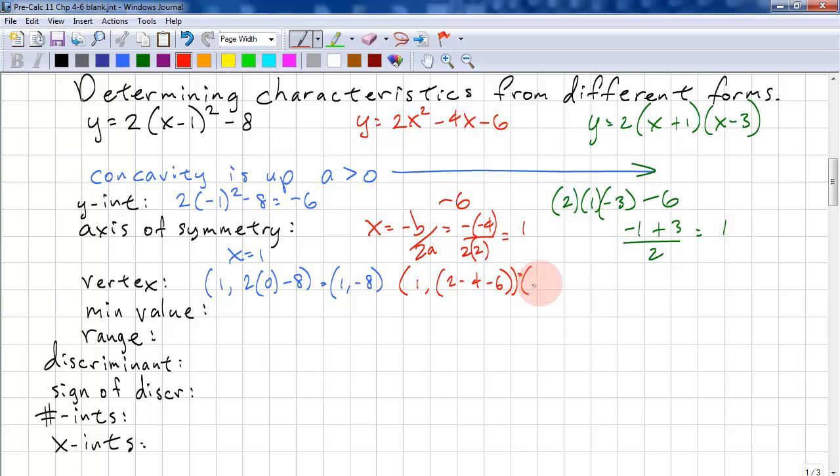So again, that's (1, -8). We plug in 1, we get 2 times negative 2. That's (1, -8). The minimum value, since we have the vertex, it's just minus 8, minus 8, minus 8. And we can do the range. Since it's concave up, we have y is greater than or equal to negative 8.